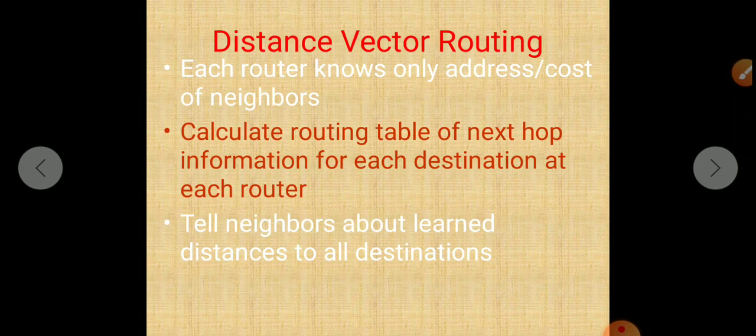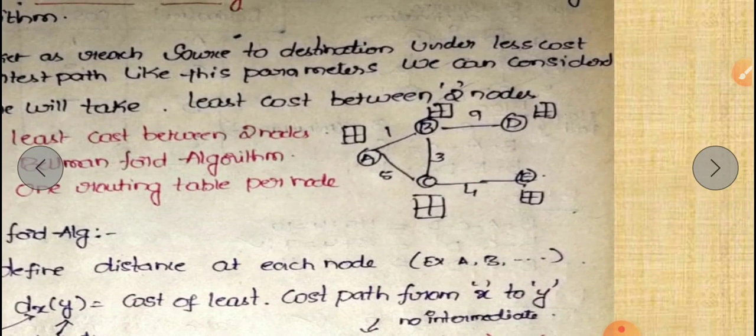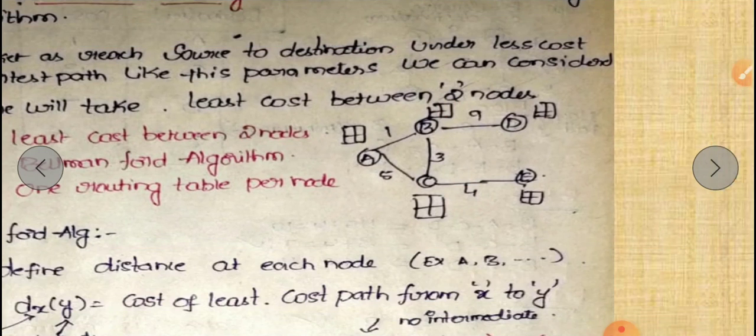So what is the next one? To tell neighbors about the learned distance to all the destinations. Just now we discussed the same thing. Here A is going to check B's distance and update it in its routing table. A is checking C's router with a distance of 5, and updates its routing table.